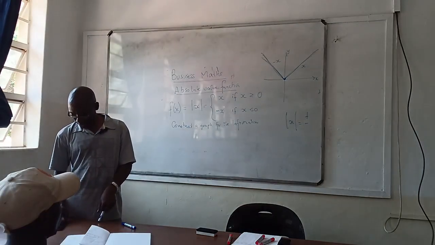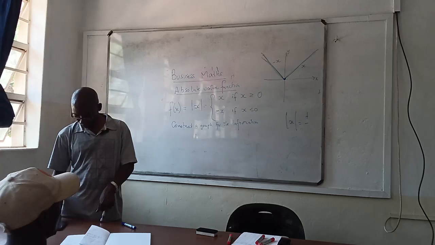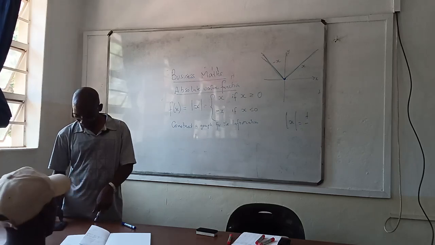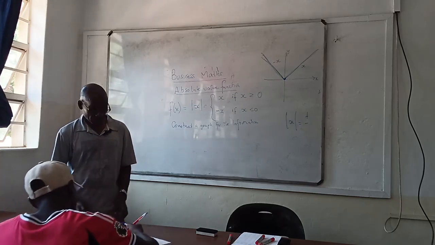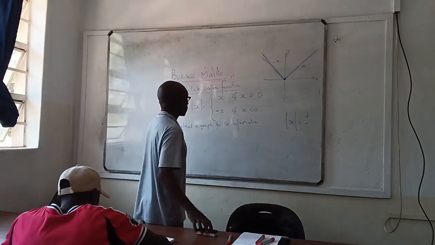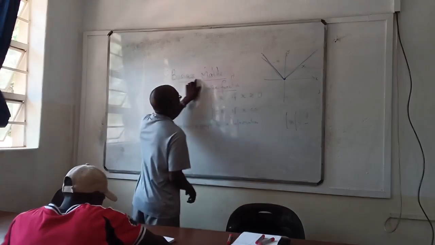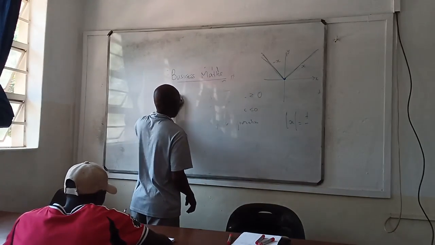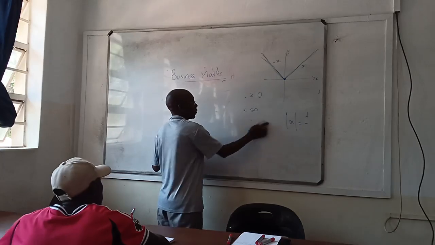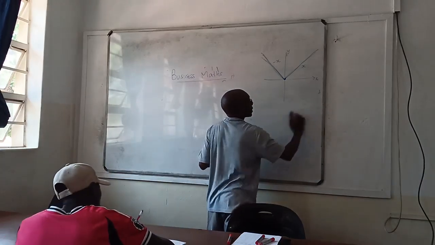Let's look at another element here. Natural domain and range of functions. Absolute is that. What you have learned, you have to know is that an absolute takes 2 values, positive and negative.